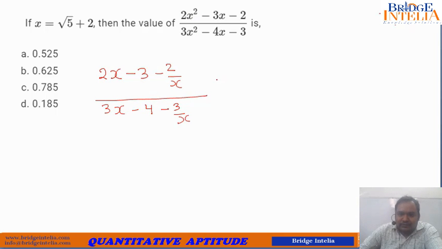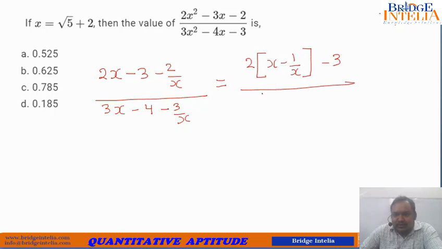So if you see carefully, if you take 2 as common, this will become 2 times (x minus 1 upon x) minus 3, whole divided by, if you again take 3 common here, 3 times (x minus 1 by x) minus 4. So if you calculate x minus 1 by x first and then put the value here, it will be easier for us. So let's do that.